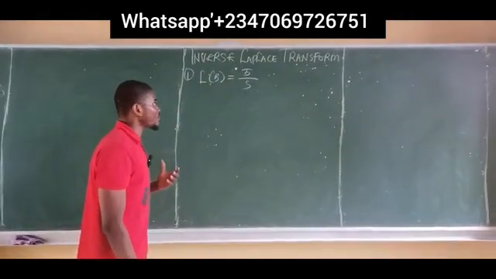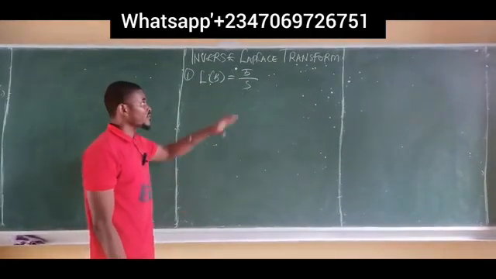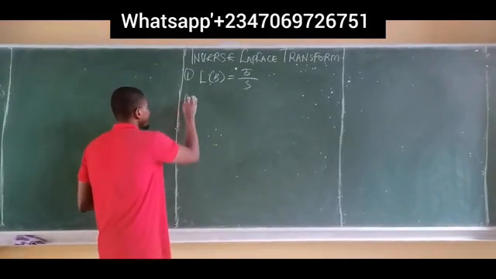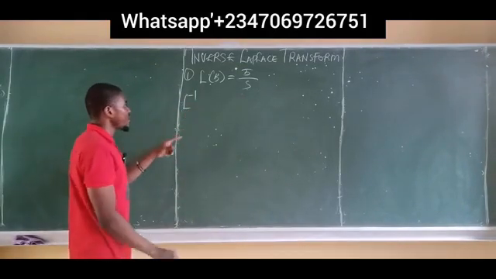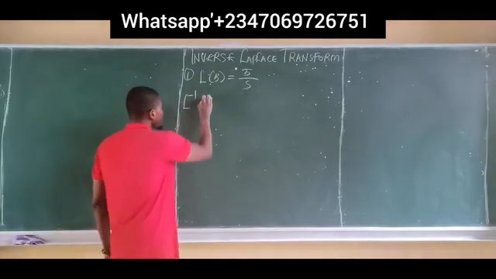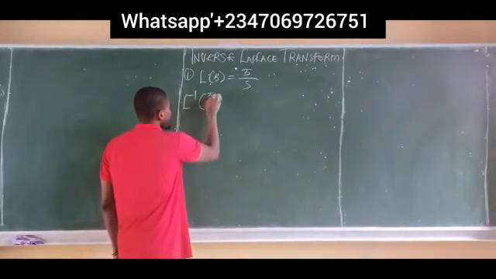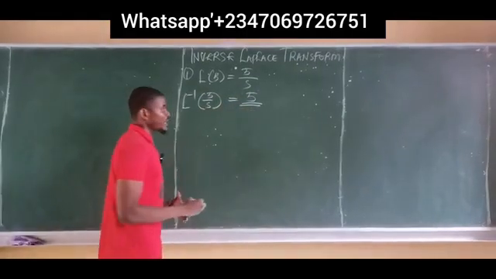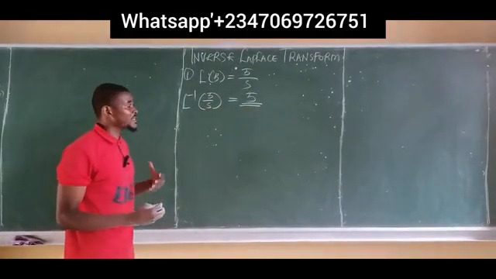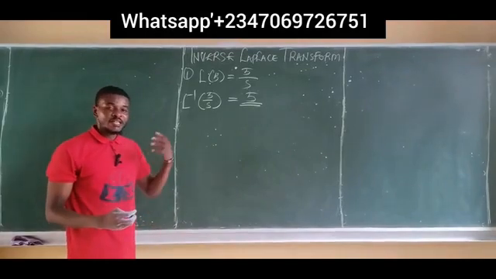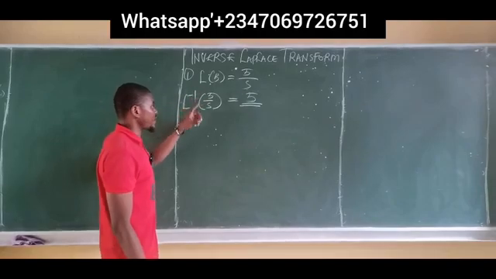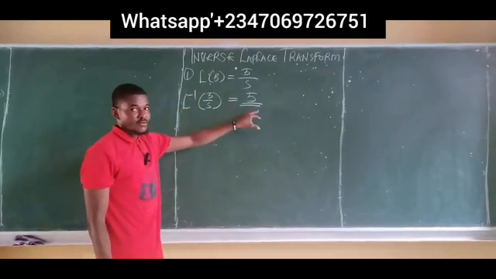If you're asked to find the Laplace inverse of 5 all over s, automatically the answer is equal to 5. Hence, the inverse of the Laplace transform of a given function becomes the Laplace inverse of that value.